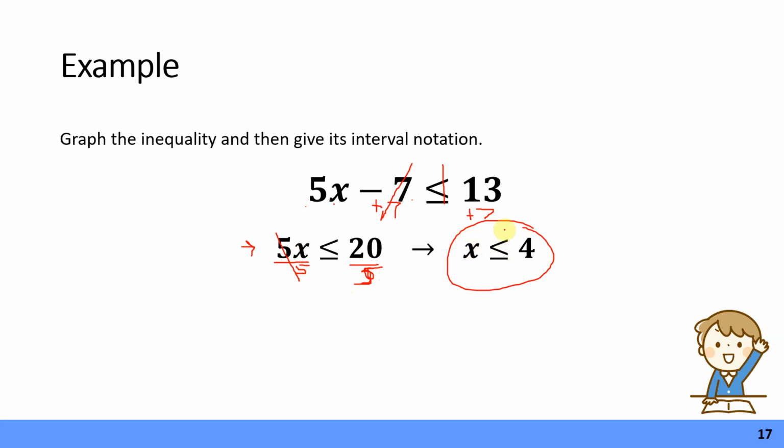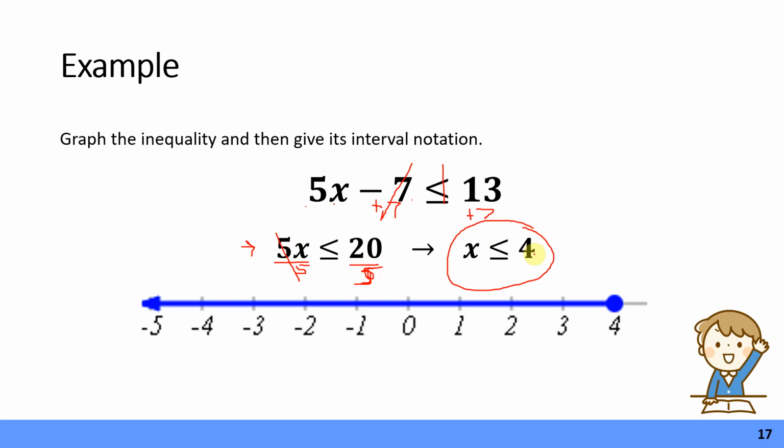How do you read this? X is less than or equal to 4. So when I graph it, this is what it looks like. I used a closed circle and it's less than, so I shade this way. Now this is the important part. What is that in interval notation? So it's shading all the way to negative infinity and it stops at 4.